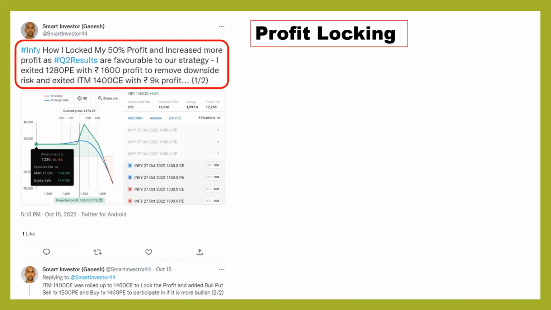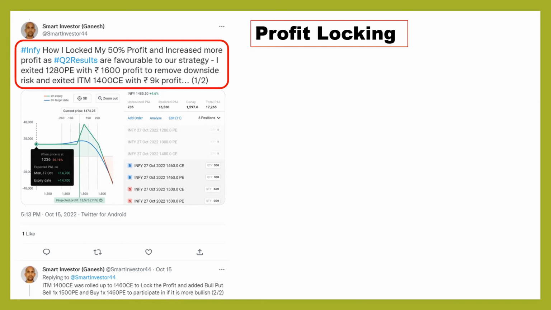For that, not to close the trade, what could I do? I locked my 50%, meaning out of 38,000 max, like 16 to 17,000 I could lock. I have written on Twitter how I locked my 50% profit and increased more profit as per quarter two results. It's very much favorable to my strategy.